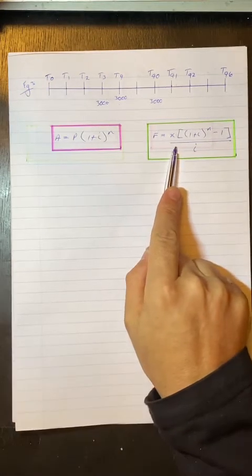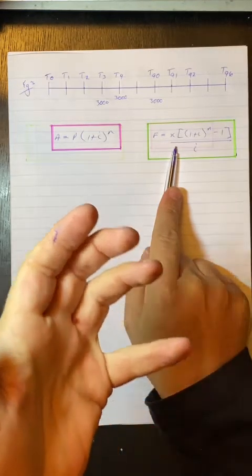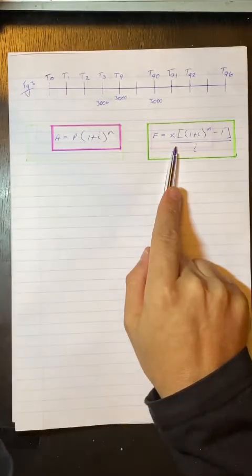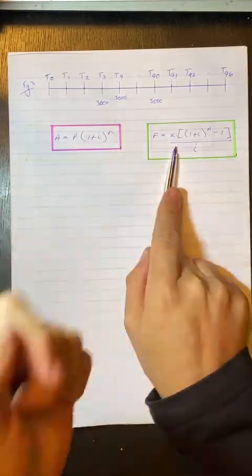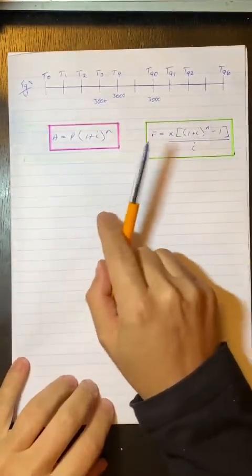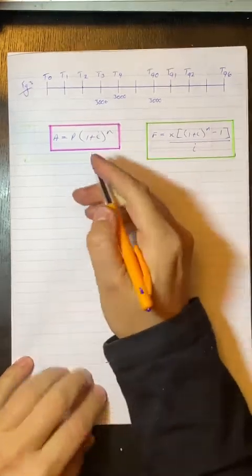Now, because this is not a loan, we're not going to get interest on something that we've borrowed. We might get interest on something that we've invested, that we've put in. So how I'm going to do this is I'm going to combine them a little bit differently.